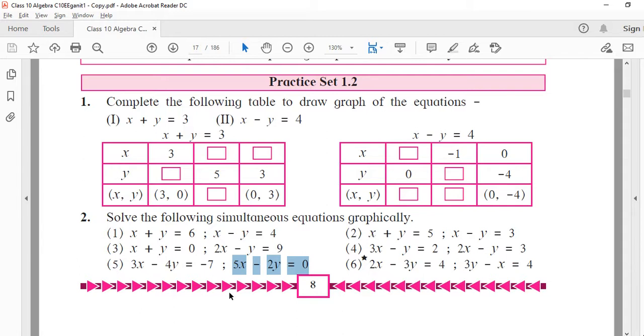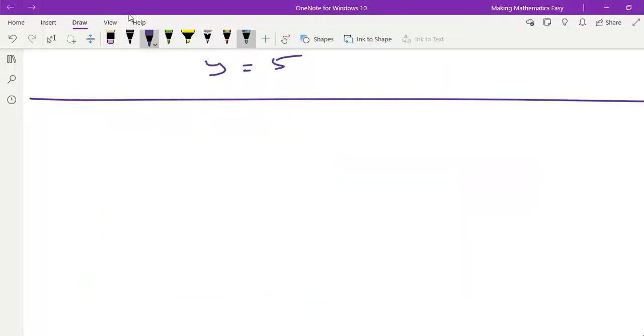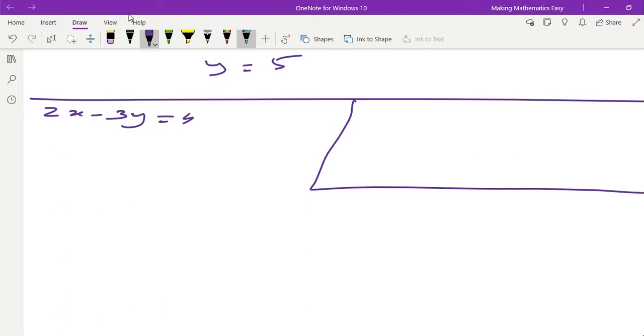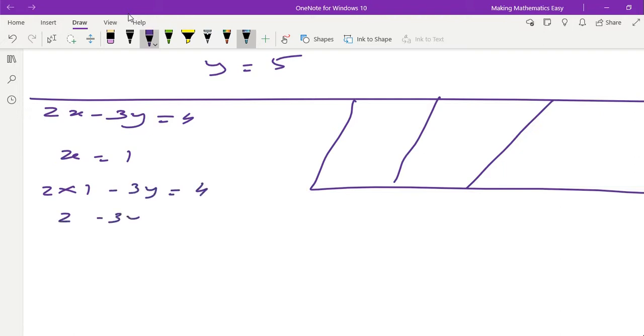So our equation is 2x minus 3y is equal to 4. Let's take x as 1, so this will be 2 into 1 minus 3y is equal to 4. This will be 2 minus 3y is equal to 4.